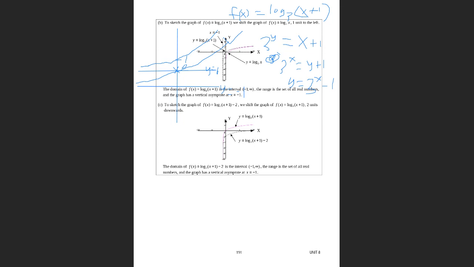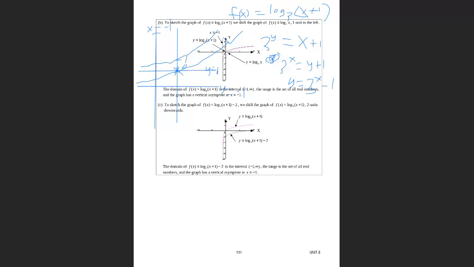So for the inverse, your asymptote will be x equals negative 1. The point here was (0, 0), and if you interchange it, it's still (0, 0), so it will not change anything.